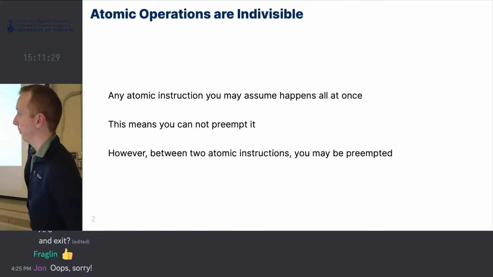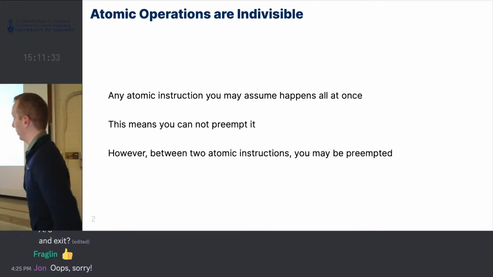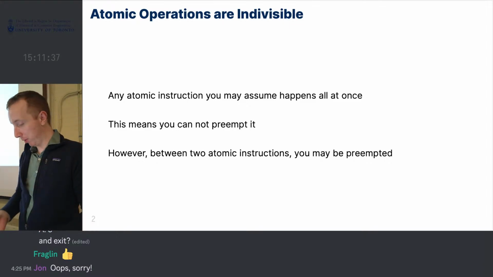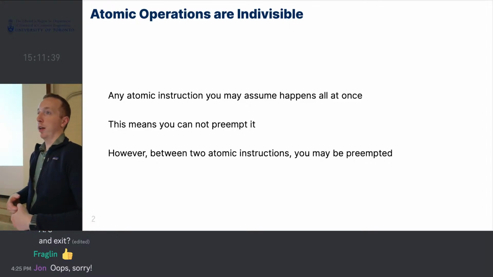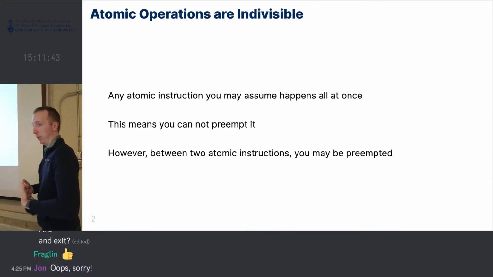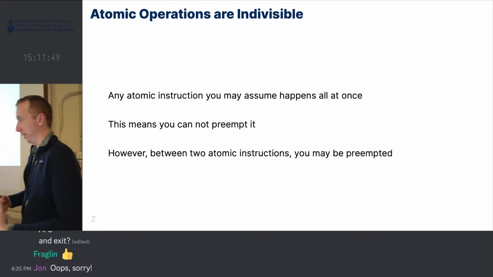Before we can argue more about data races, we have to talk about atomic operations. Atomic operations are operations on your CPU that either happen or they don't happen. There's no in between. They either happen all at once or not at all, no pausing.